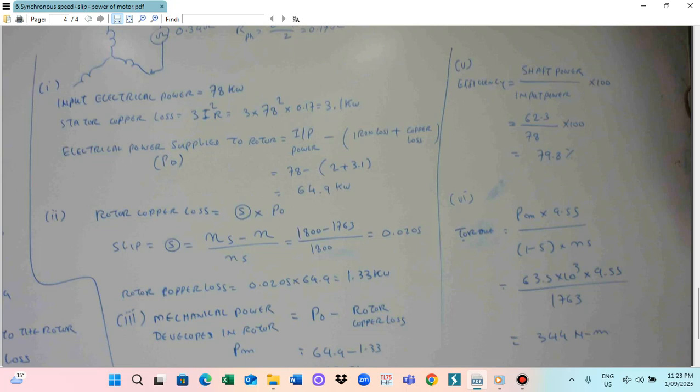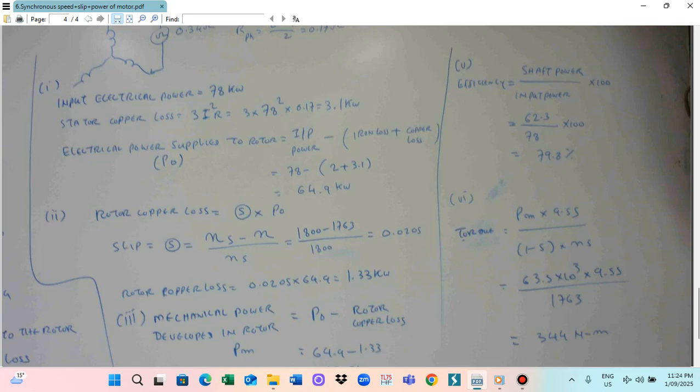The rotor speed is already given in the problem: 1763 RPM. The shaft power we calculated is 62.3 times 10 to the power 3. So the shaft power is PM multiplied by 9.55 divided by (1 minus S) times NS.